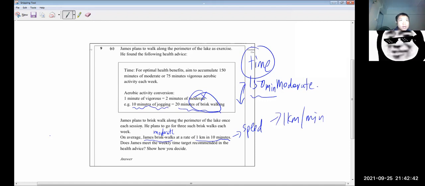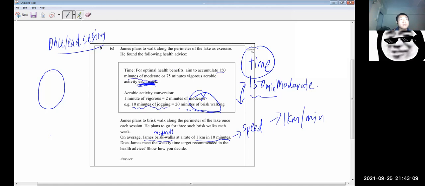Now, James plans to, a lot of things you need to take note of. First, he plans to brisk walk along the perimeter once each section. So once each section means one round per section. Over here, the guideline is 150 minutes of moderate exercise per week.